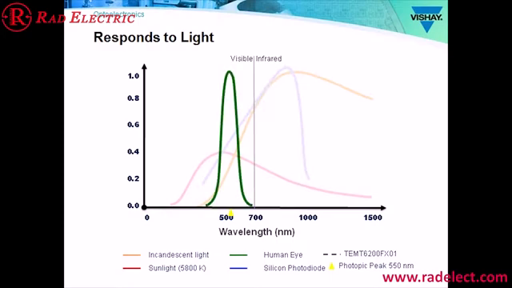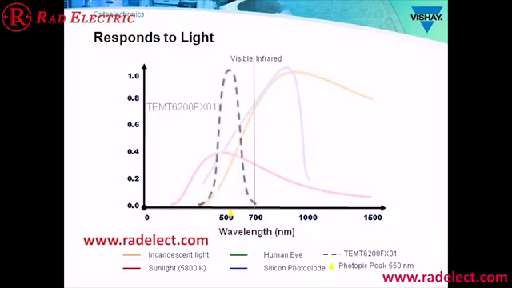Using an ambient light sensor, which has the same sensitivity to visible light as our eyes, will ensure optimum device performance. For example, the TEMT 6200 FX01 responds to light just like our eyes.